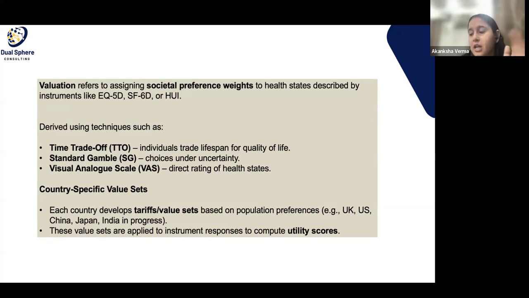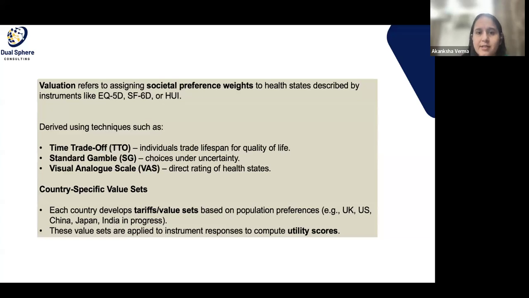But just understand, if you're living 20 years with a disease condition, you are given two options. One, you live an additional 20 years with diabetes, let's say.